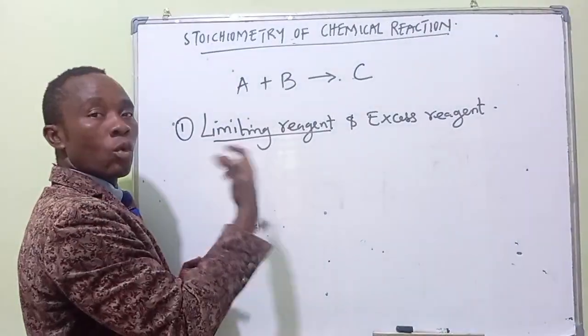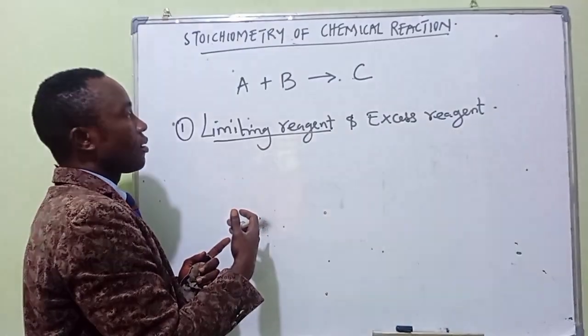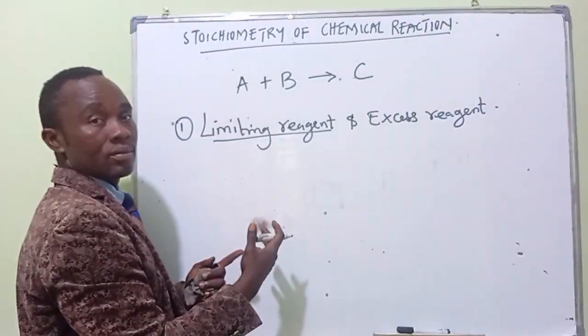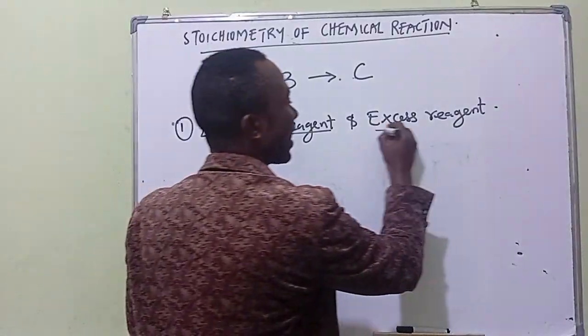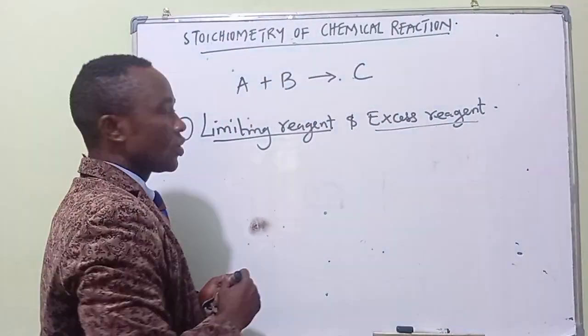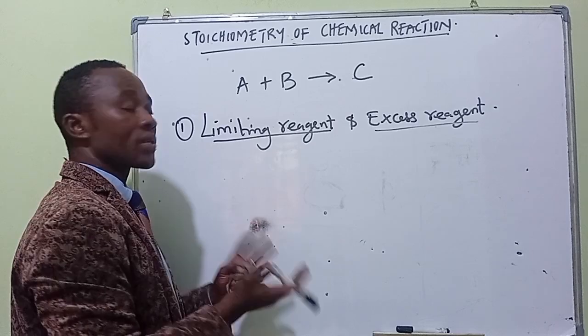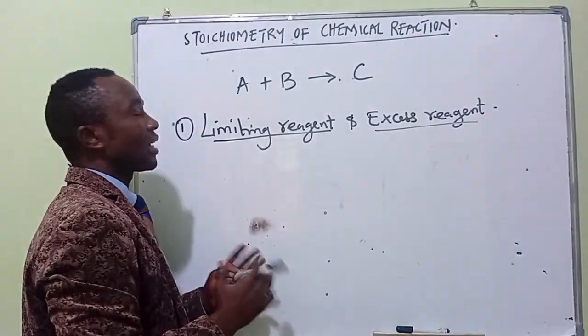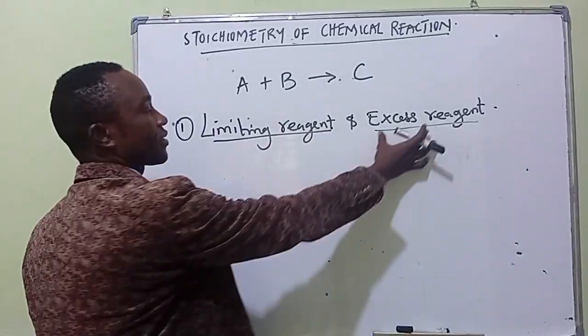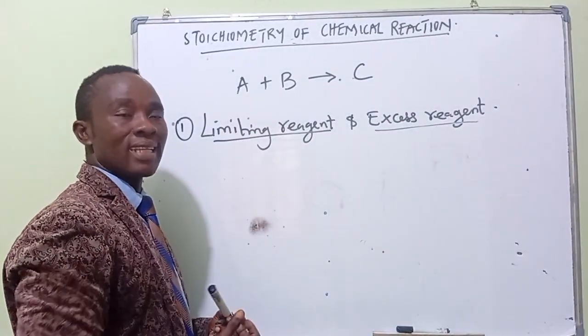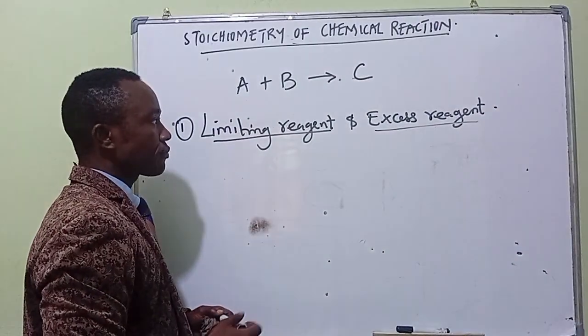The one that is left over after the reaction, when one must have finished, is what we call the excess reagent. So we use the concept of limiting reagent to show the reagent that first finished during the course of the reaction, while the excess reagent is the reagent that is left over.